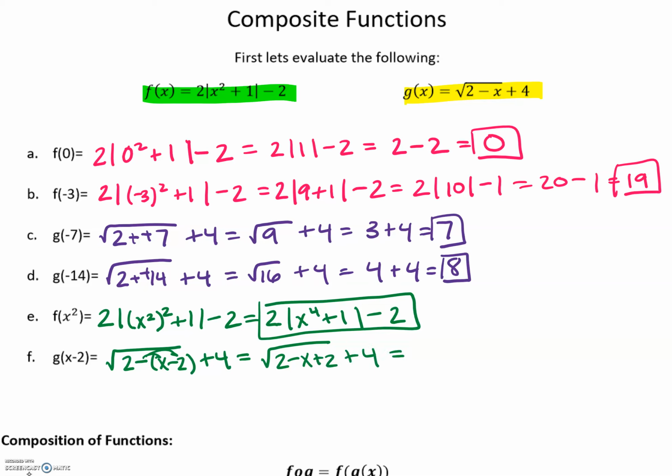Now I can still go ahead and simplify that. 2 plus 2 is going to be a positive 4. So underneath the radical, I'll have 4 minus x, and then on the outside, I'll have a plus 4. So if you understand E and F, those would be examples of easier composite functions.